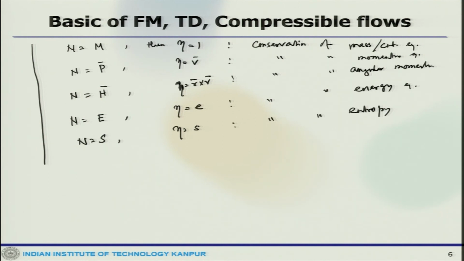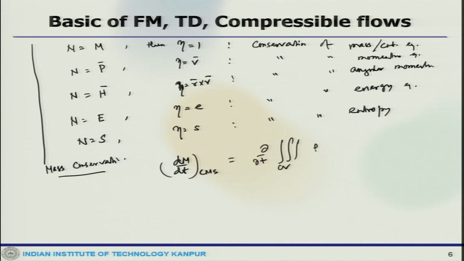we can write, for example, let us say the mass conservation equation. We write dm by dt, this is our RTT, for the control mass system, which is del by del t of control volume rho dV plus control surface rho V dot dA, which is 0, because the total mass in a control mass system is constant.